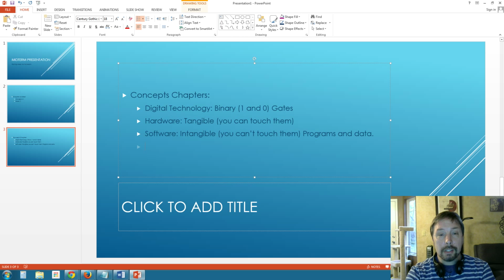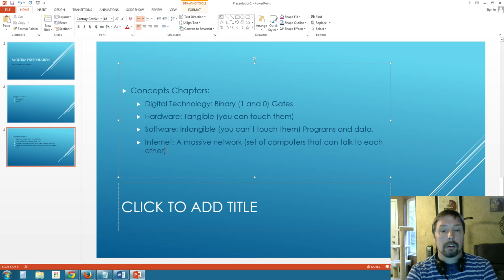And the last concepts chapter is the internet. The internet is basically a massive network. And a network is a set of computers that can talk to each other. All right. When you have one computer alone, you can do amazing things.